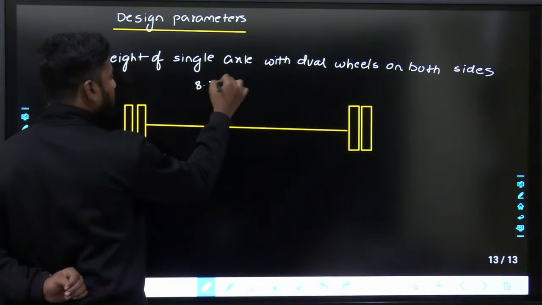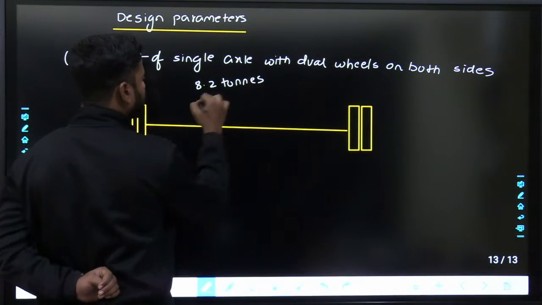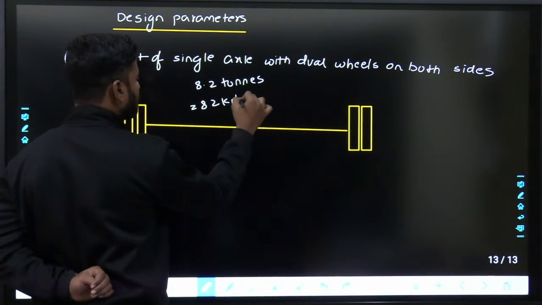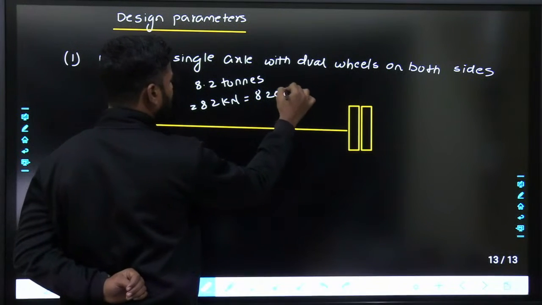Generally it will be taken as 8.2 tons, which equals 82 kilonewtons, nearly 8200 kgs.